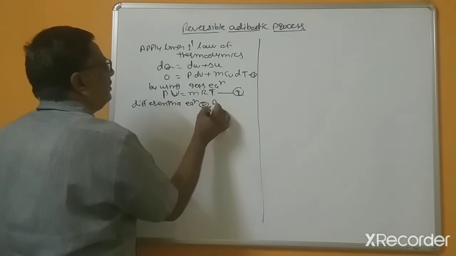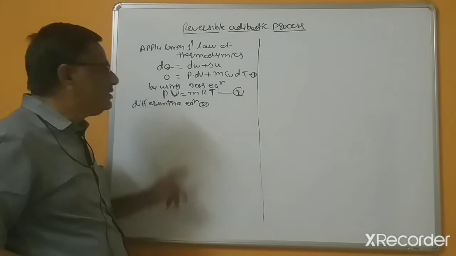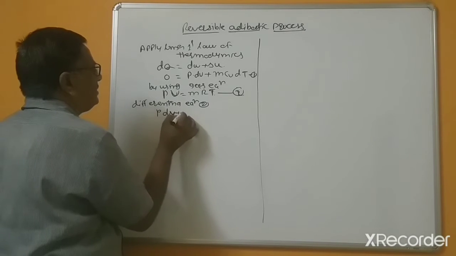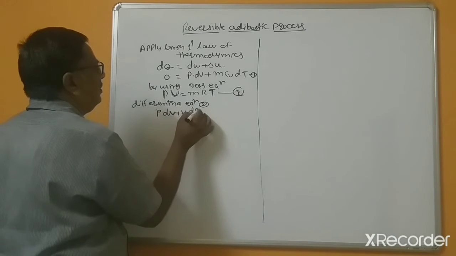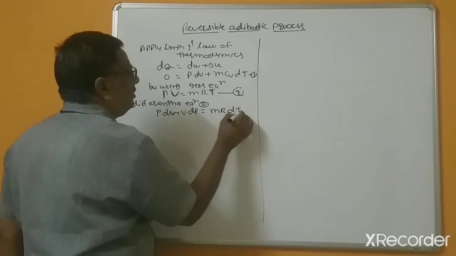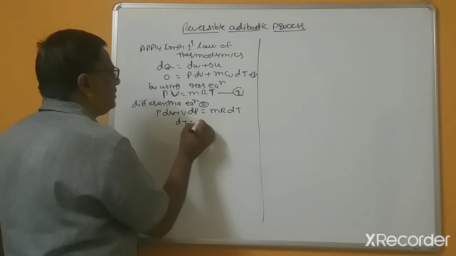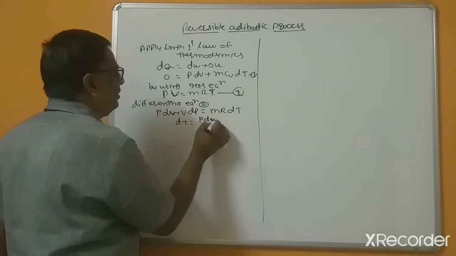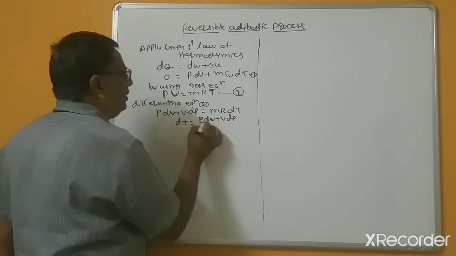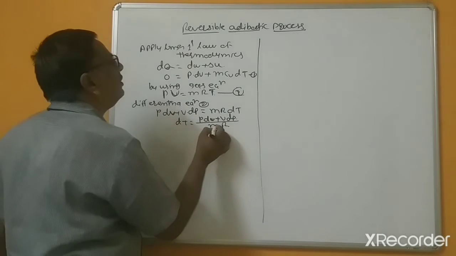Differentiating, this is a product, so P dV plus V dP equals mR dT, and dT equals (PdV plus VdP) divided by mR.